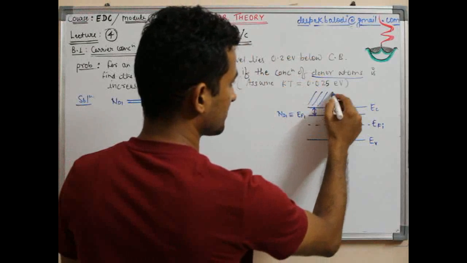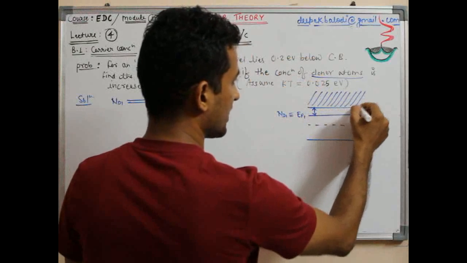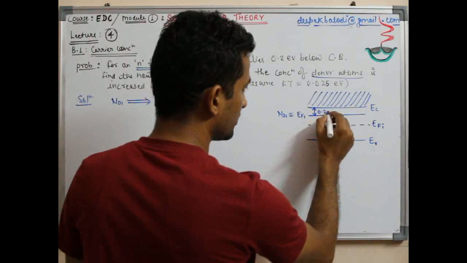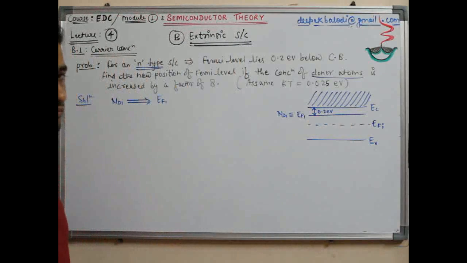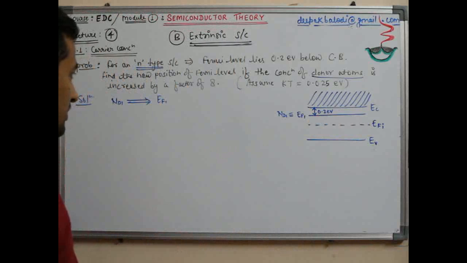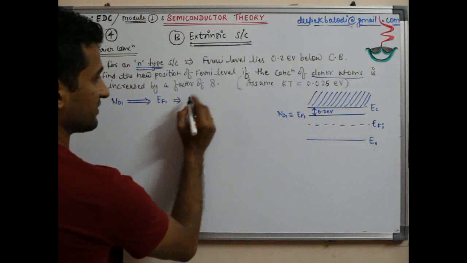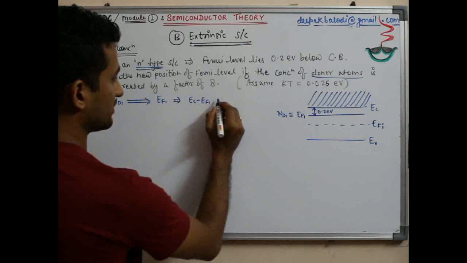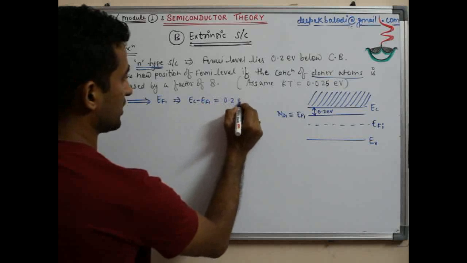So this is the conduction band, whose lower edge is EC. Below EC it is 0.2 electron volts. So if it is EF1, there is a fixed value, EC minus EF1, that is 0.2 electron volts.